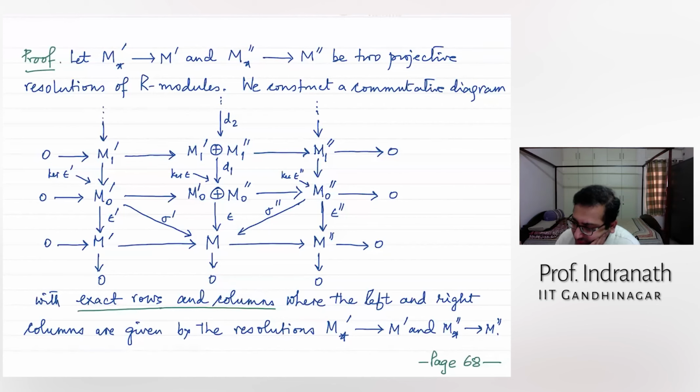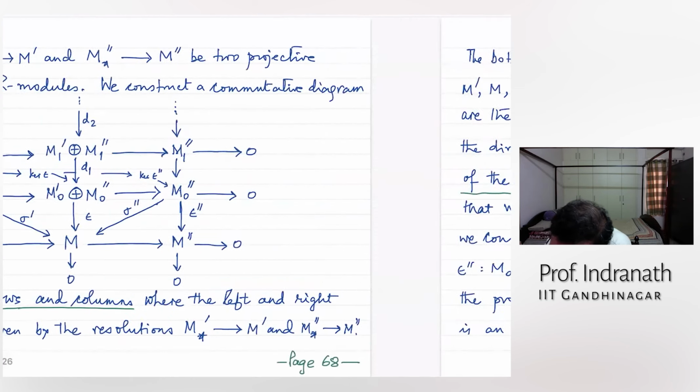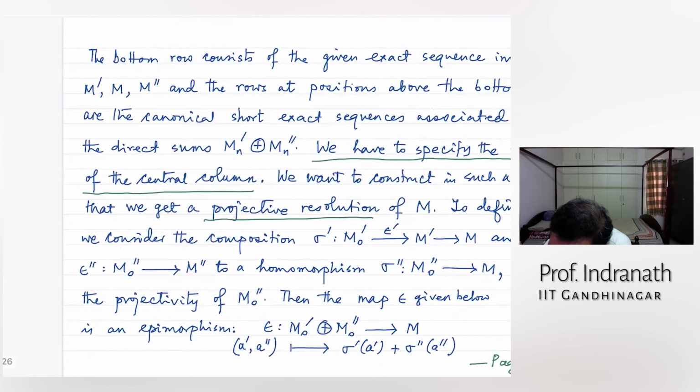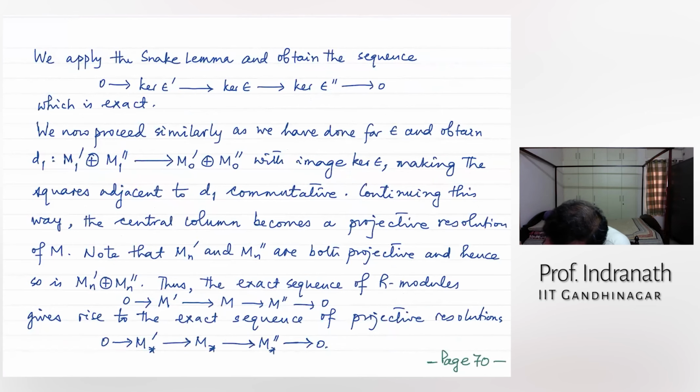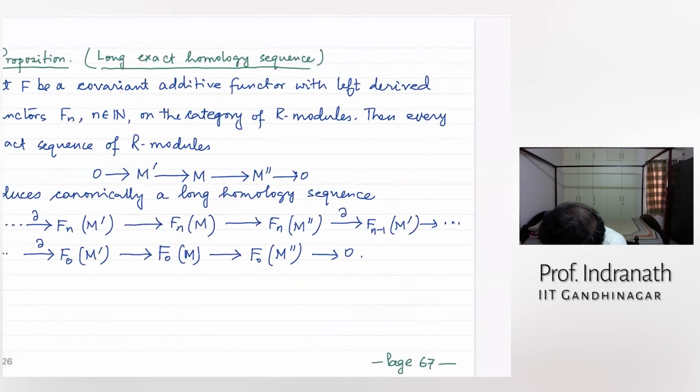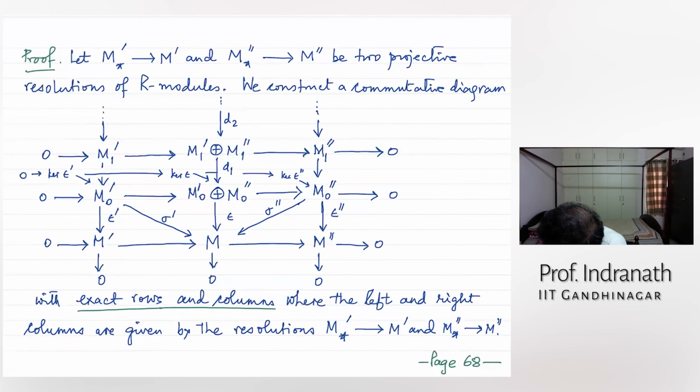Now I have to work at this level, but I'll use it here. And then what is being said is that from here to here to here, so see, this is the sequence which we need, and that we need by the snake lemma. It's almost an artwork.